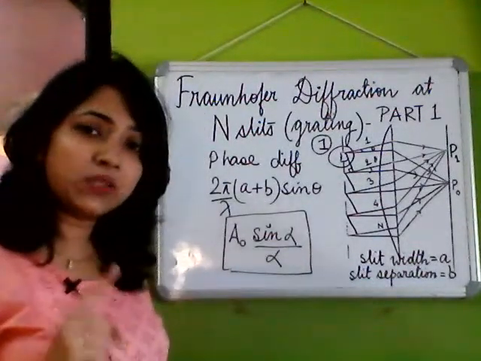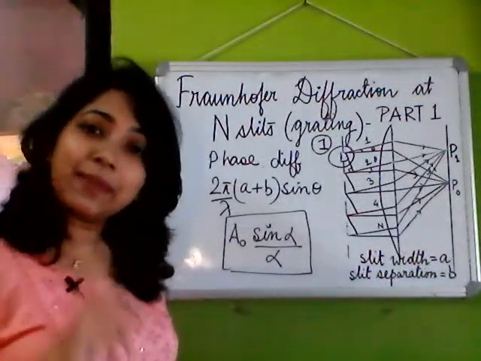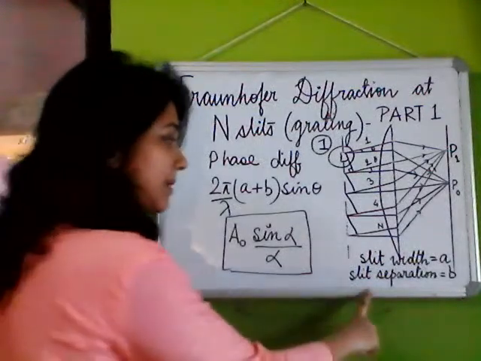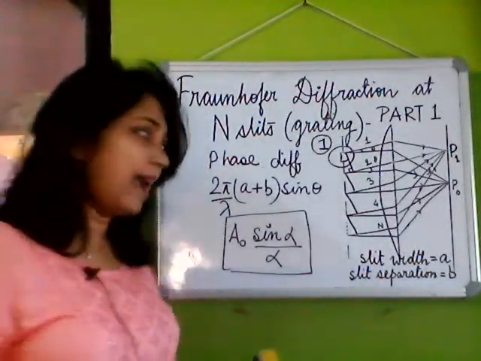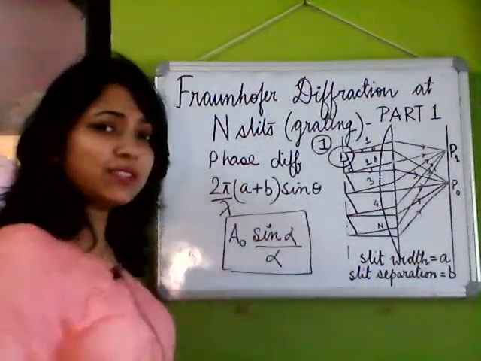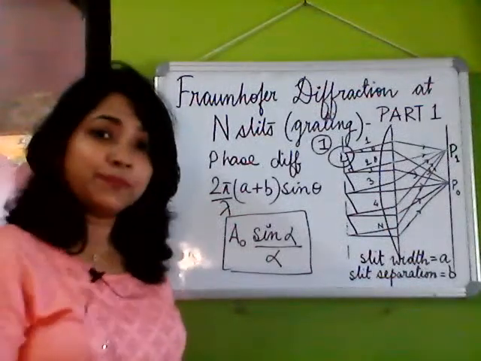The reason behind this is we have considered that all these slits have the same slit width as well as the same slit separation. As a result, all of them have A0 sin alpha by alpha as the resultant amplitude, right?